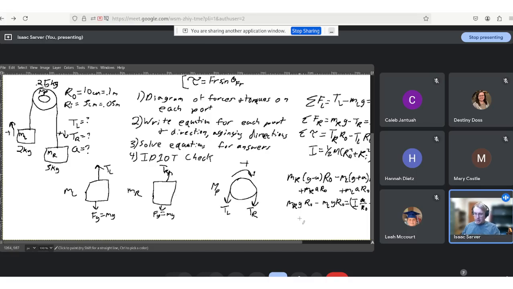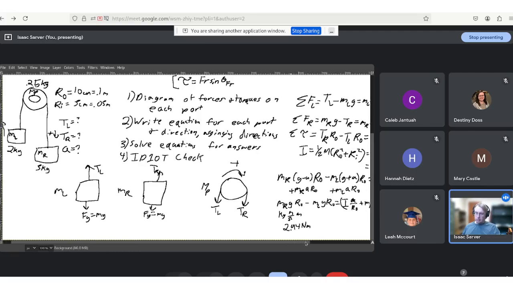So on the left-hand side, I have that. So this is a kilogram times a meter per second squared, and so that's a Newton. And that's a meter, so this becomes a Newton meter. So this will be 2.94 Newton meters on the left side.